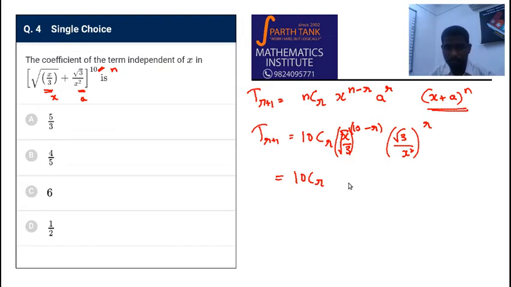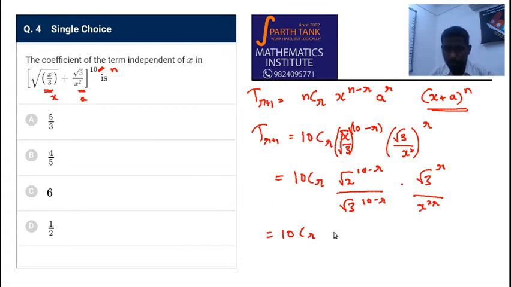This becomes square root of x to the power 10 minus r by square root of 3 to the power 10 minus r, and here square root of 3 to the power r upon x to the power 2r. Now we know square root of x to the power 10 minus r is nothing but x to the power (10 minus r) by 2. And then let's write the x to the power 2r here, and let these two terms be together.